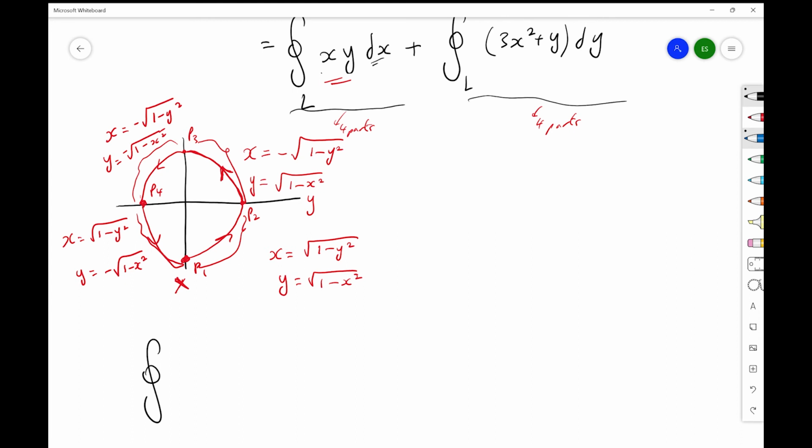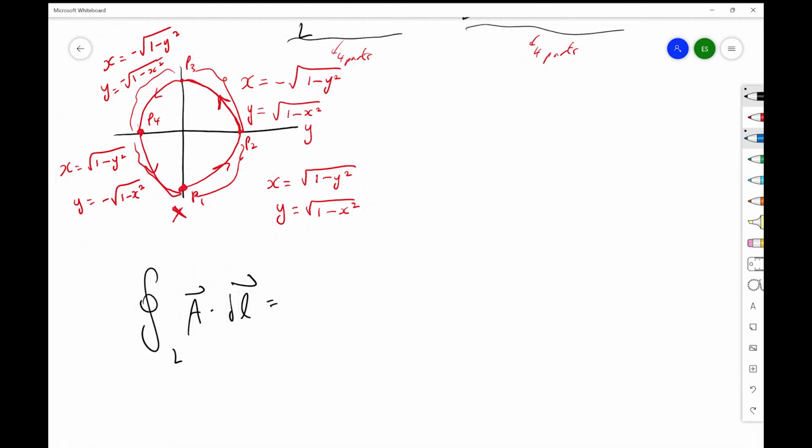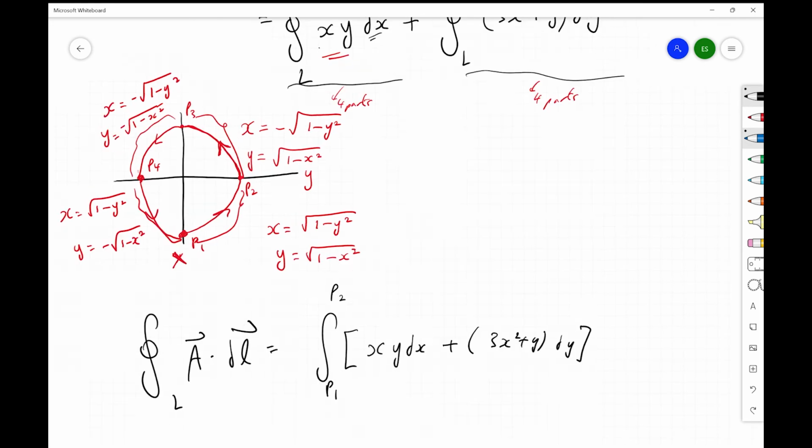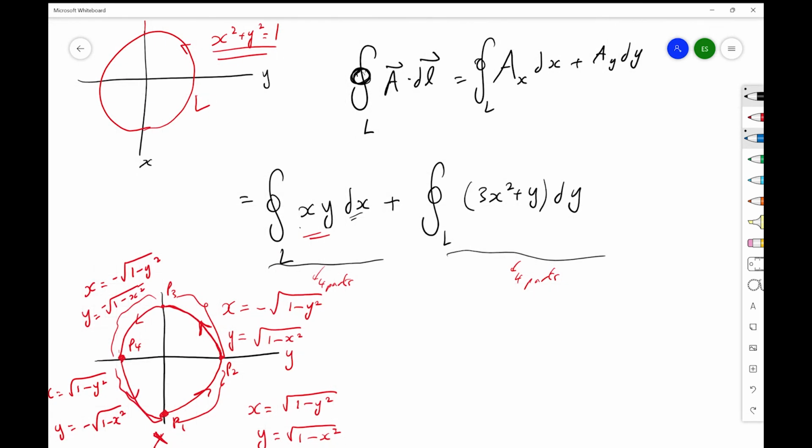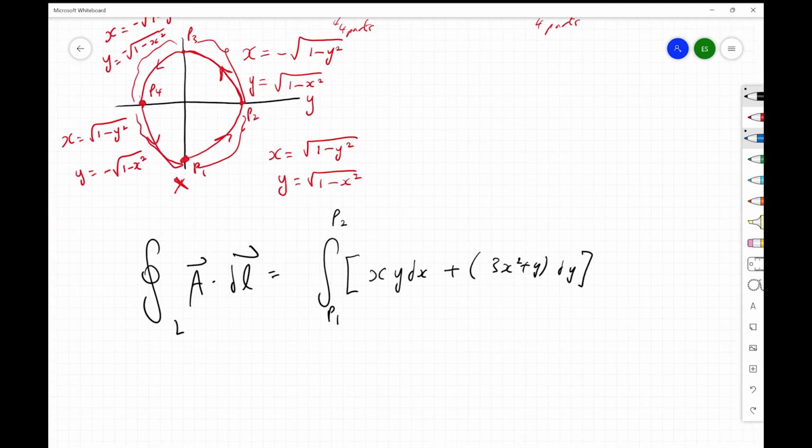So the A dot dl. Here I divided the integral into 4 parts. So I'm first going to go from P1 to P2, right? And what is the integrand? xy dx plus (3x squared plus y) dy, right? So I'm joining them together at this point.